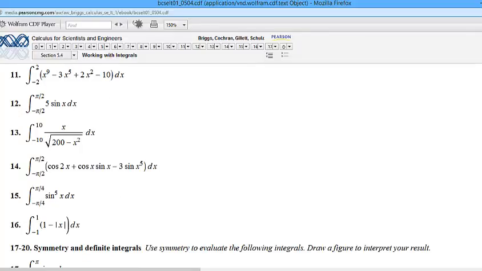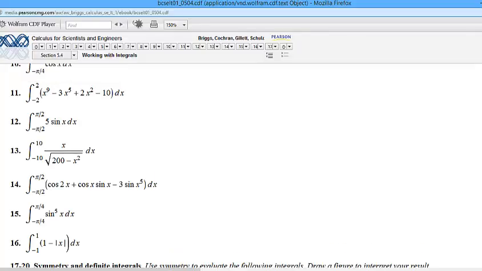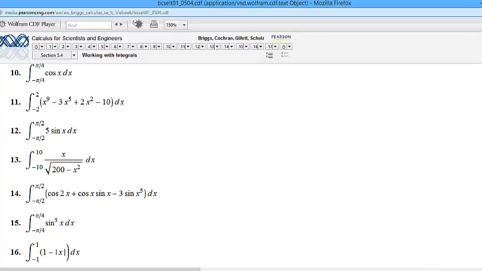So I assigned the mod 4s. Oh, 14. That's a nice one. Maybe I'll do that. Well, I'll do 12 first. Then I'll do 14. Here we go. Everybody write down number 12 and number 14. Those are our problems we're going to try.